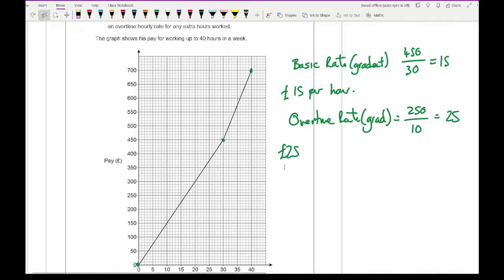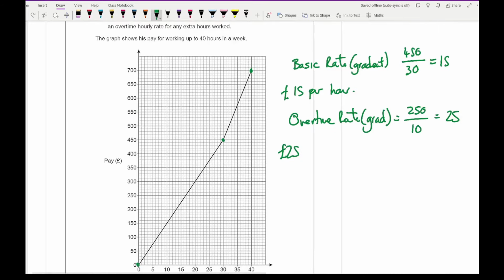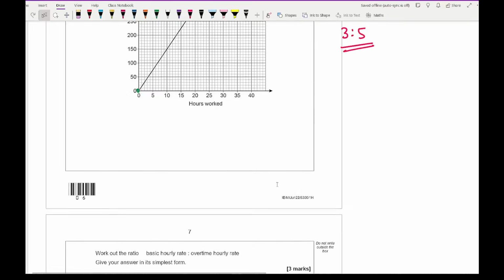And so just making sure that the ratio is what we're wanting, basic to overtime is going to be 15 to 25. And we can simplify that by dividing both numbers by 5, and I get an answer of 3 to 5.